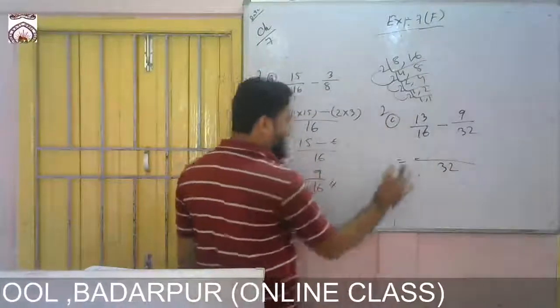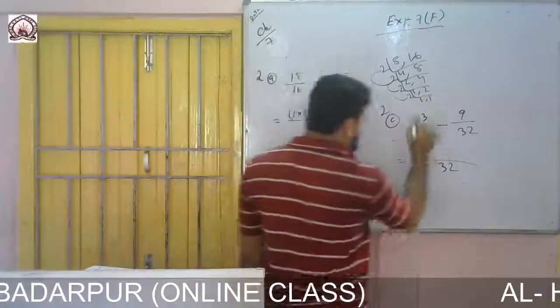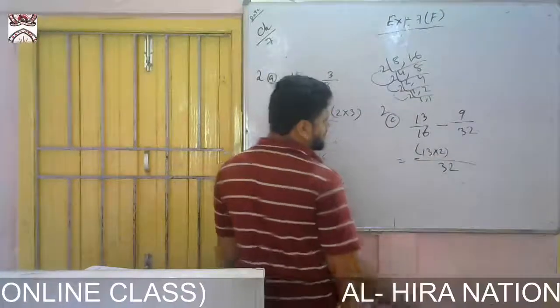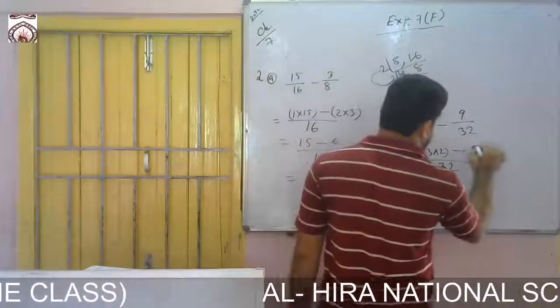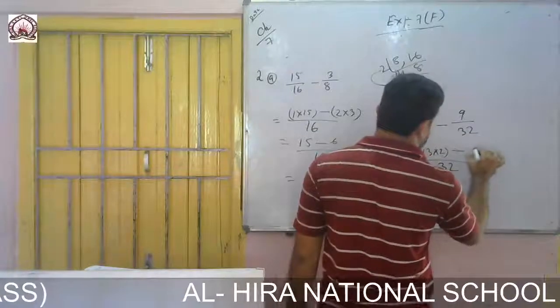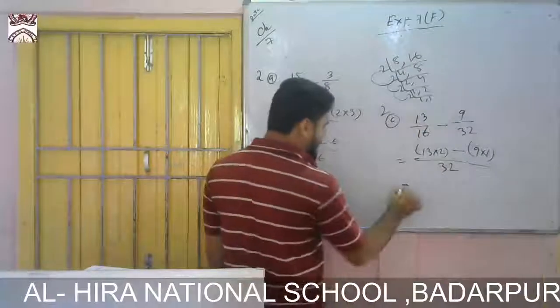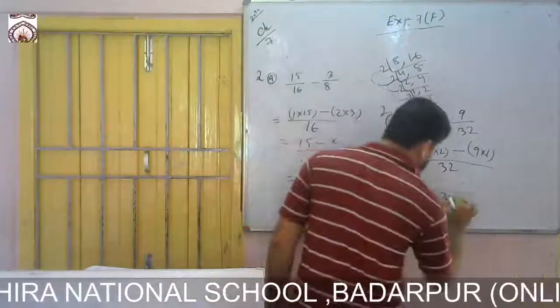So 16 to the 32, 2 is there, so 2 13s are 26, minus 1 into 9. Okay, so we are writing 32.